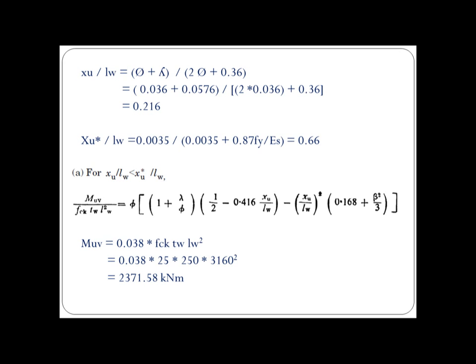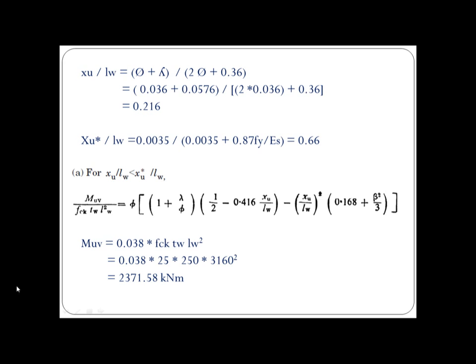We need to compare it with xu star upon lw. This is given by this equation, and these equations have been copied from IS 13920 1993. And xu star by lw works out to 0.66. So the first equation is satisfied: xu upon lw is less than xu star upon lw.